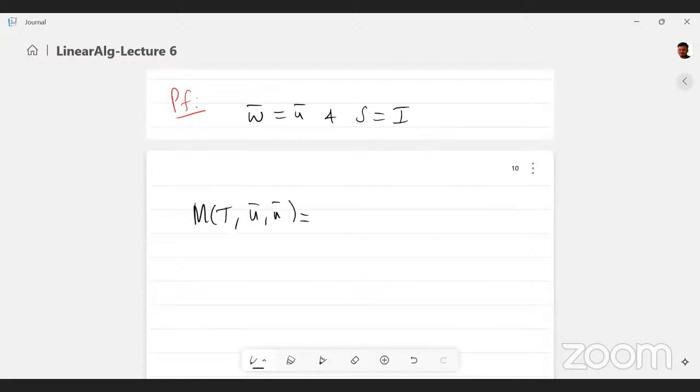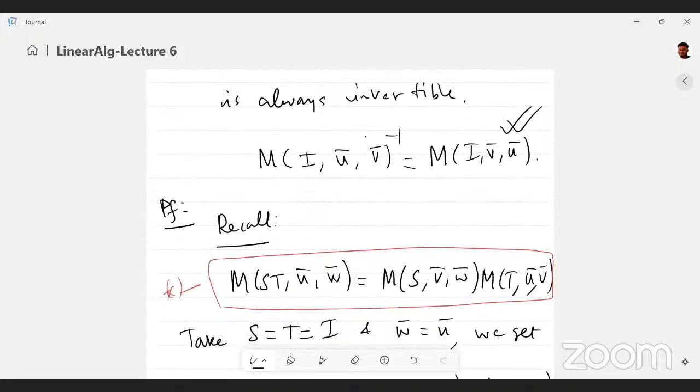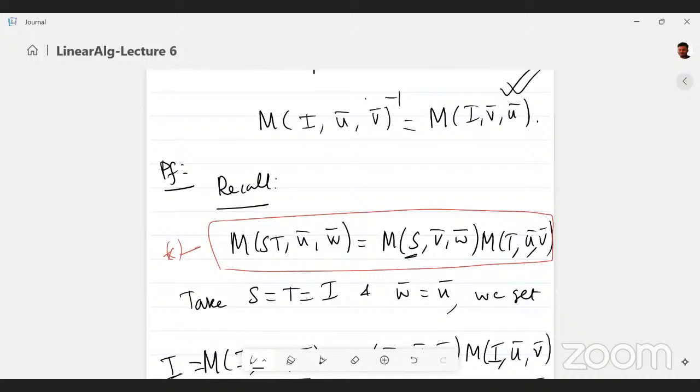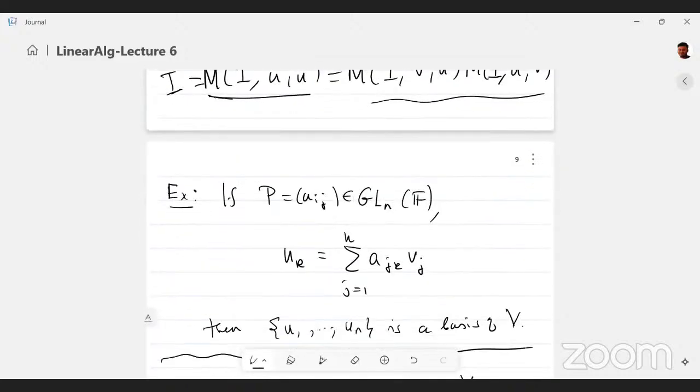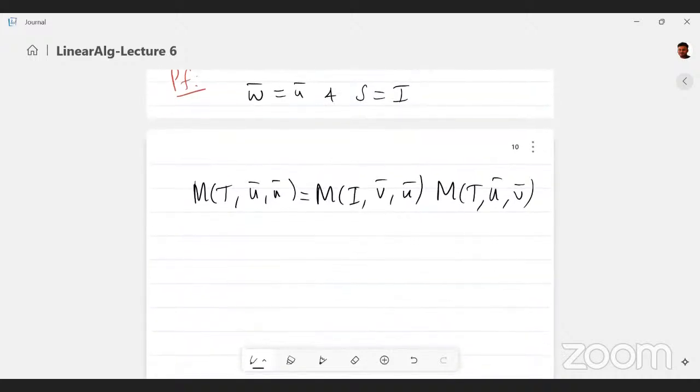On the right hand side, I get M of I V bar U bar times M of T U bar V bar. This is identity I'm putting, this is U bar, this is T U bar V bar, so that stays as it is. So here I'm getting U bar.